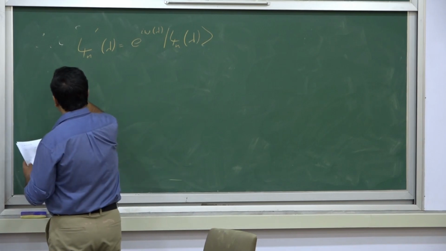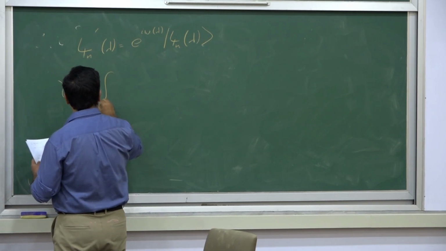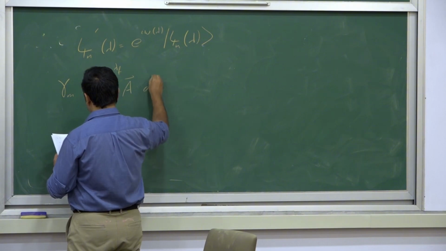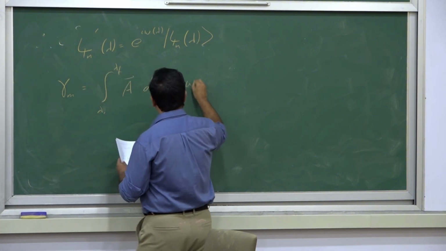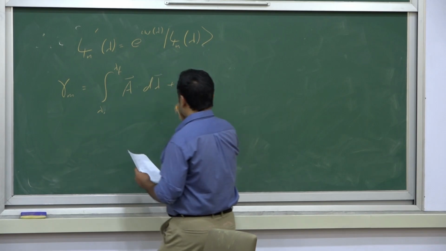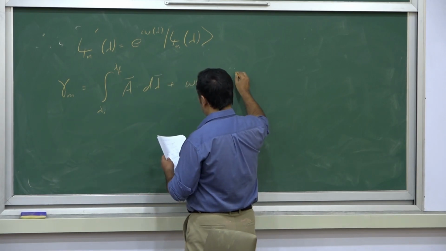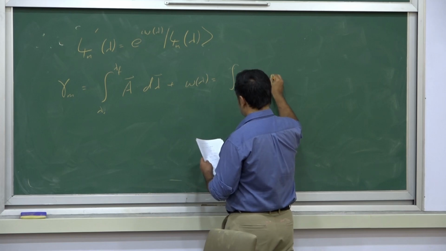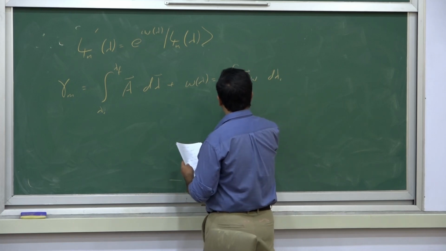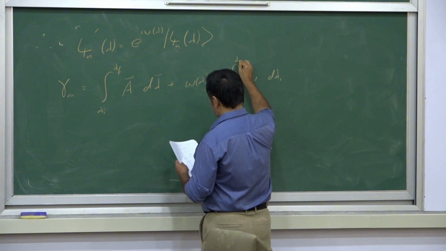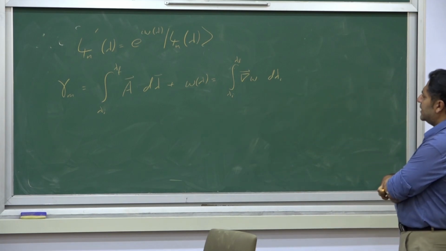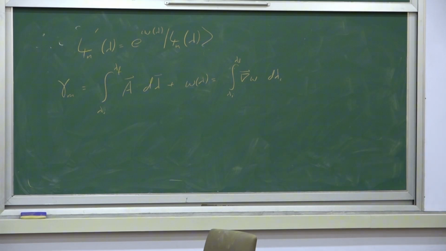So that means that if I don't stop, don't come back, this will have this, and this I can write as... so I'm assigning an omega, an arbitrary omega, to each lambda, each point in the parameter space.